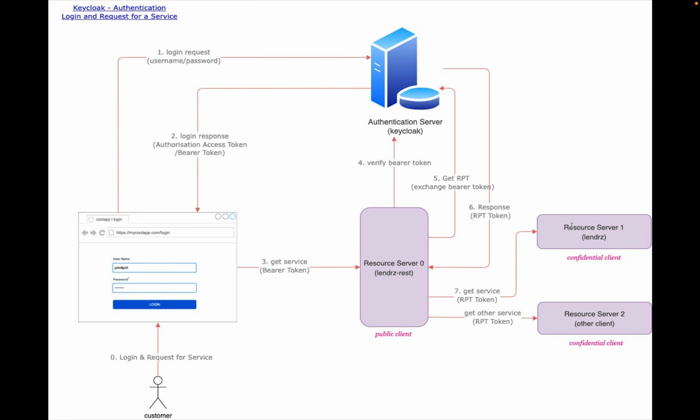And then this server, okay, there should be another arrow here pointing to Keycloak, because this is connected to Keycloak to verify the RPT token that you've sent it, that it's authentic. And then that's when you receive a service for that resource that you've requested. And these can be multiple resource servers here, confidential ones.